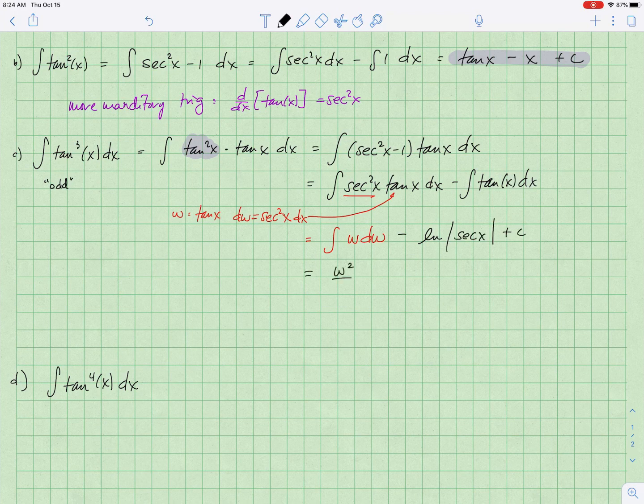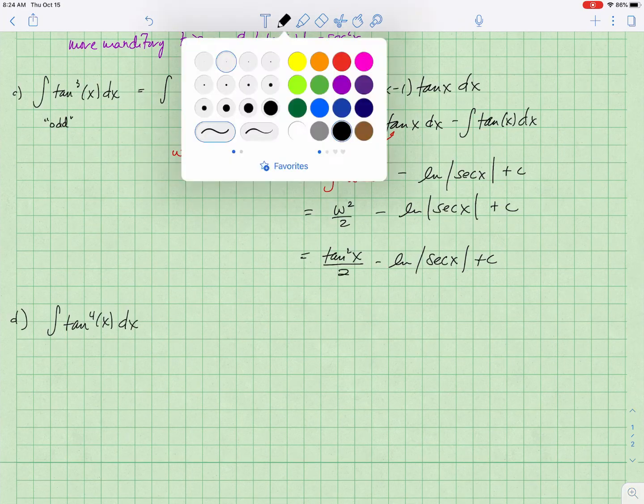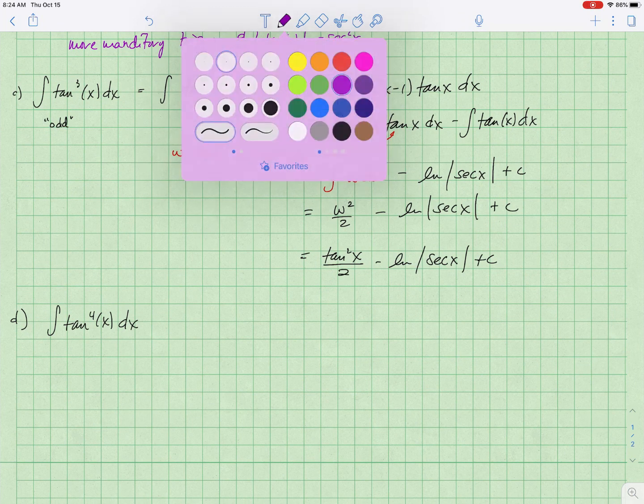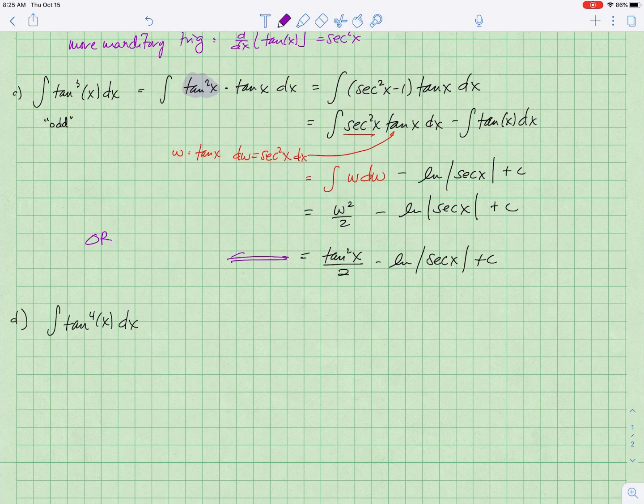When we integrate this w, we'll get w squared over 2 minus the natural log of the absolute value of the secant plus c, which is tangent squared x over 2 minus the natural log of the absolute value of the secant plus c. Or equivalently, one half tangent squared plus the natural log of the absolute value of the cosine, although typically you're going to see it written this way. And that's tangent cubed.